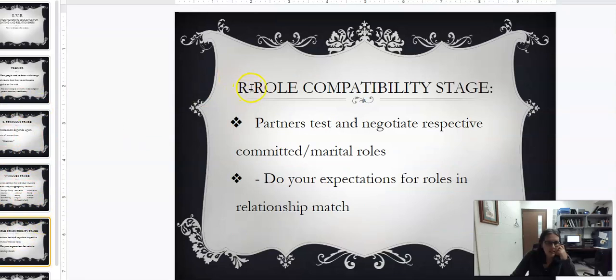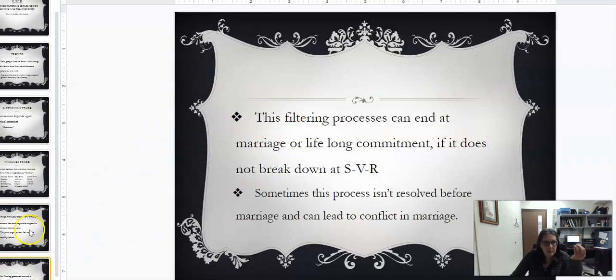Roles is your last stage. This is the role compatibility stage. So partners, you've learned about all that stuff, but now partners test and negotiate their roles in the relationship. Do your expectations for the roles in your relationship match with your partner's? And are you really compatible? That's what the role compatibility stage is all about.